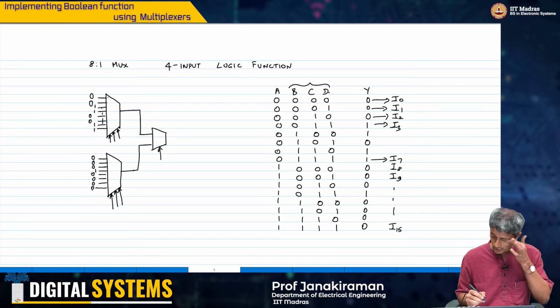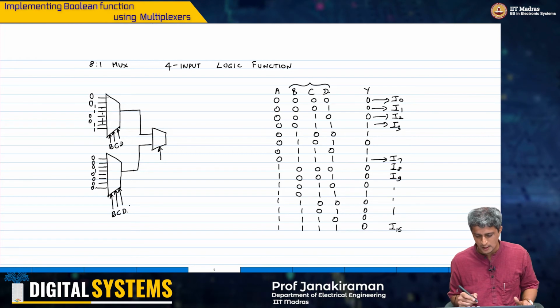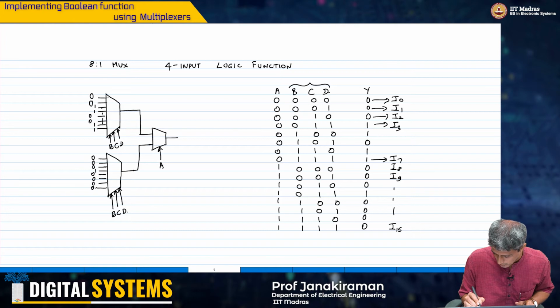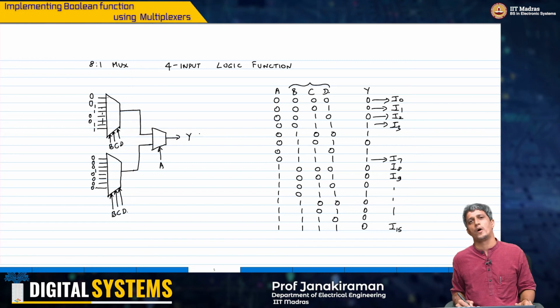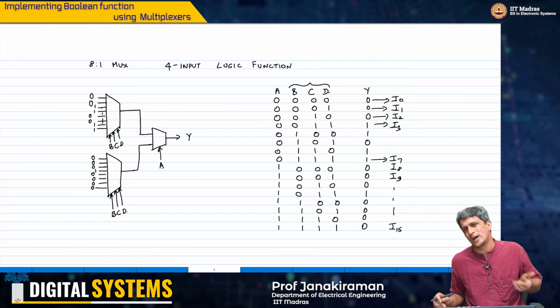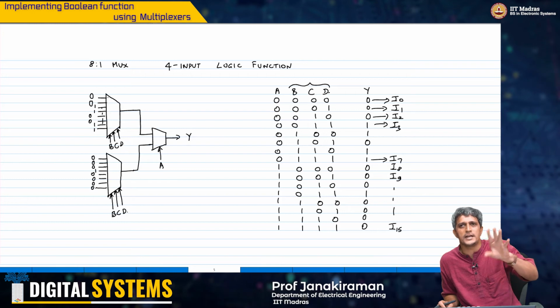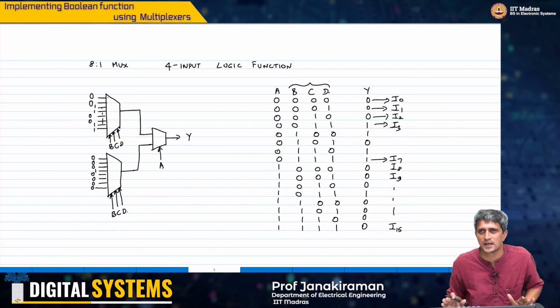Yeah. So my implementation would be the following: B, C, D, B, C, D, right? And then I would implement a 2:1 mux by making this input as the select line as A, and then I get my arbitrary output Y as needed here, right? So essentially this is nothing but just implementing a 16:1 mux using a bunch of 8:1 multiplexers. So this we have already seen, but it's just good to work out one example explicitly, and that's why I went ahead and did this.